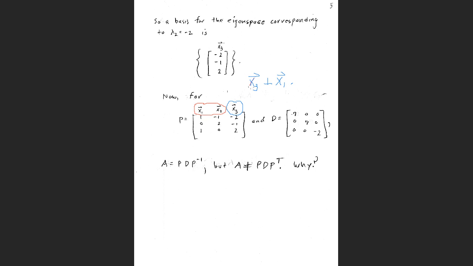So what I'm asking is, is the vector x3 perpendicular to the vector x1? Are they orthogonal? This means orthogonal, this symbol, right? And while I'm at it, I'll ask, is the vector x3 perpendicular to the vector x2?